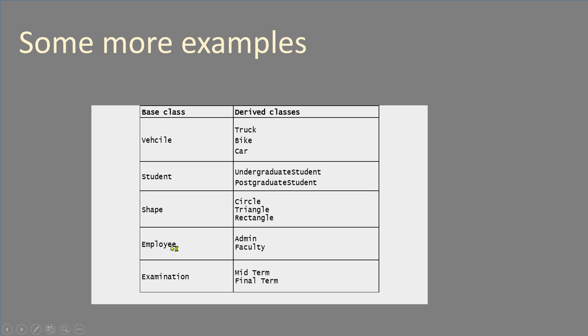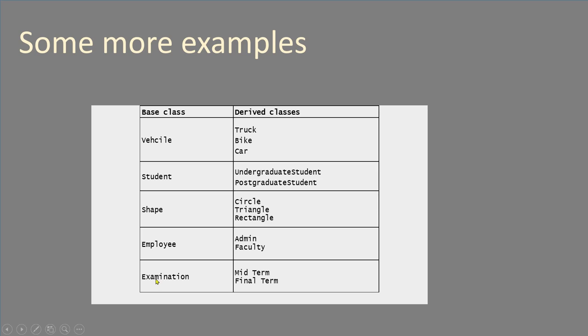For example, employee is a base class, and then there are subtypes: admin, administrator, and faculty. Each derived class has its own attributes, for example, the number of courses assigned, or the administrative level at which he or she has been assigned, and the authority type.